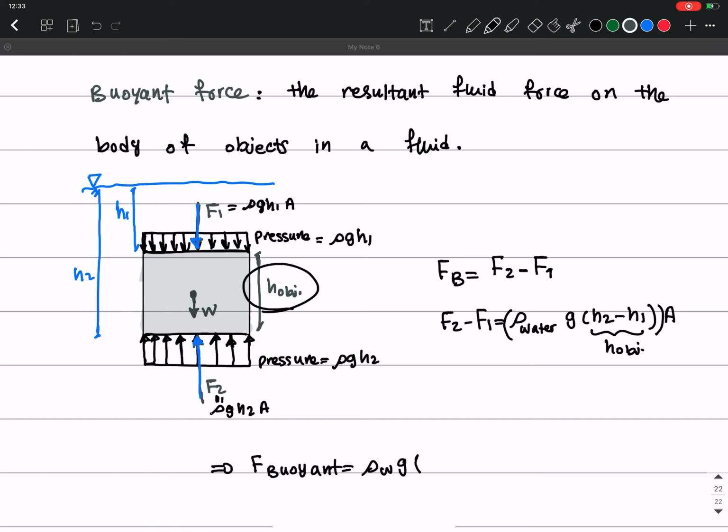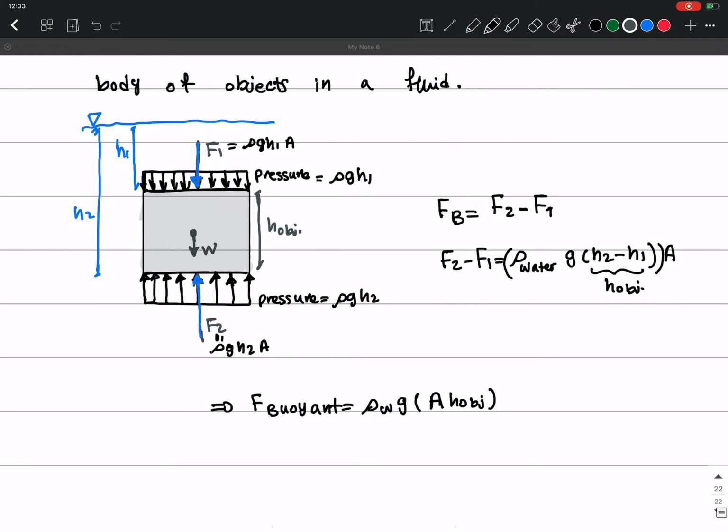Which is what we have here. So I have A times h object, and this equals rho water g. A times h object is going to be the volume of the object, right? The area times the height of that. So it's going to give me the volume of the object.